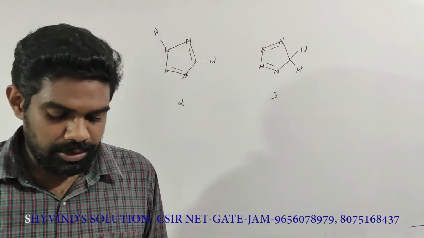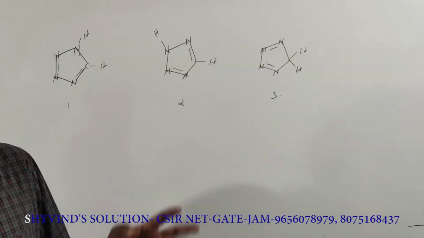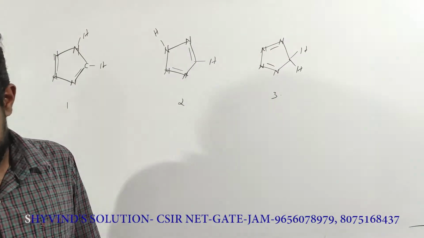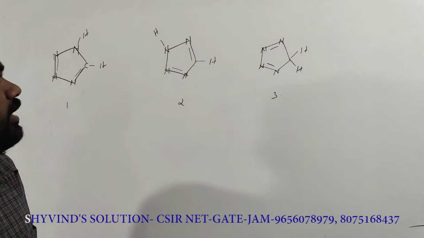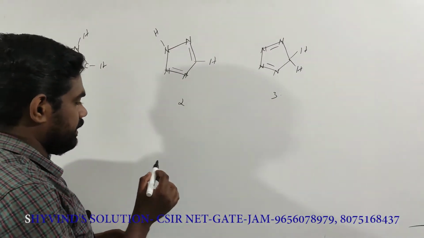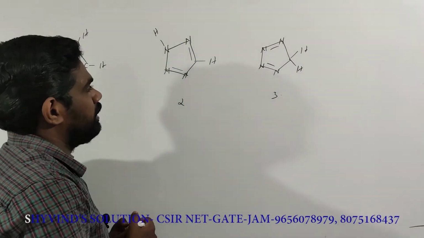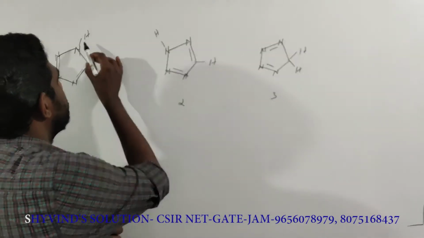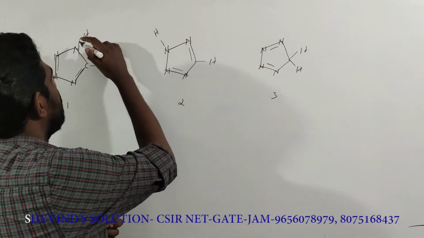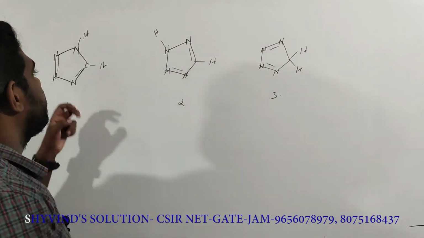In all these options, the relation is given as resonance structures. If we have a resonance structure, the positions of the hydrogen should not change. In all these you can see these two hydrogens are nearer to each other.